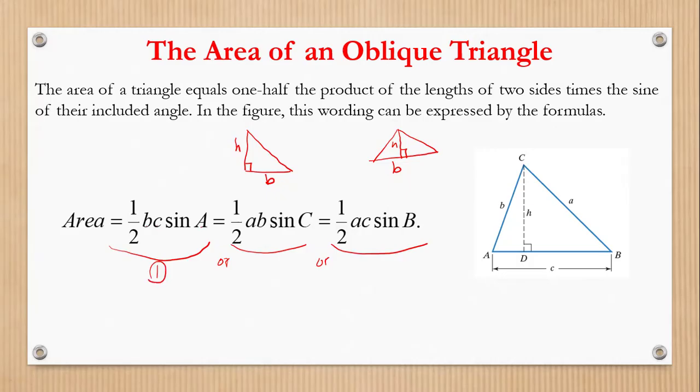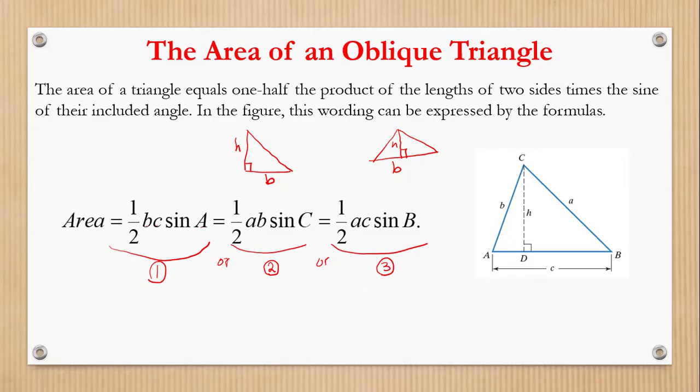If sides A and B and angle C are given to me, I will use this formula. If side A and side C and angle B are given to me, I'm going to use this third formula. To find the area, we multiply those given sides by the sine of the angle which is in between those two sides and then divide by 2.